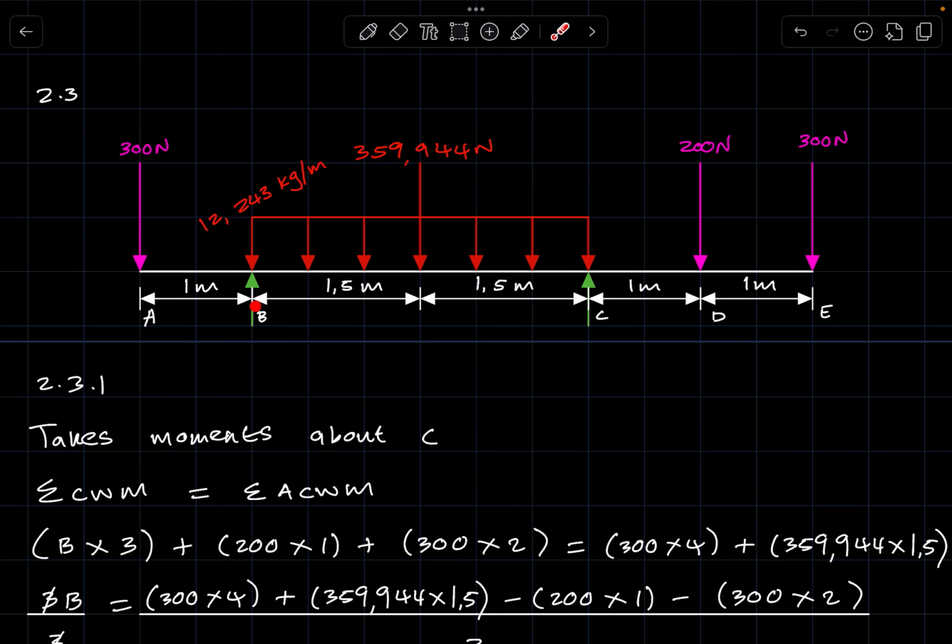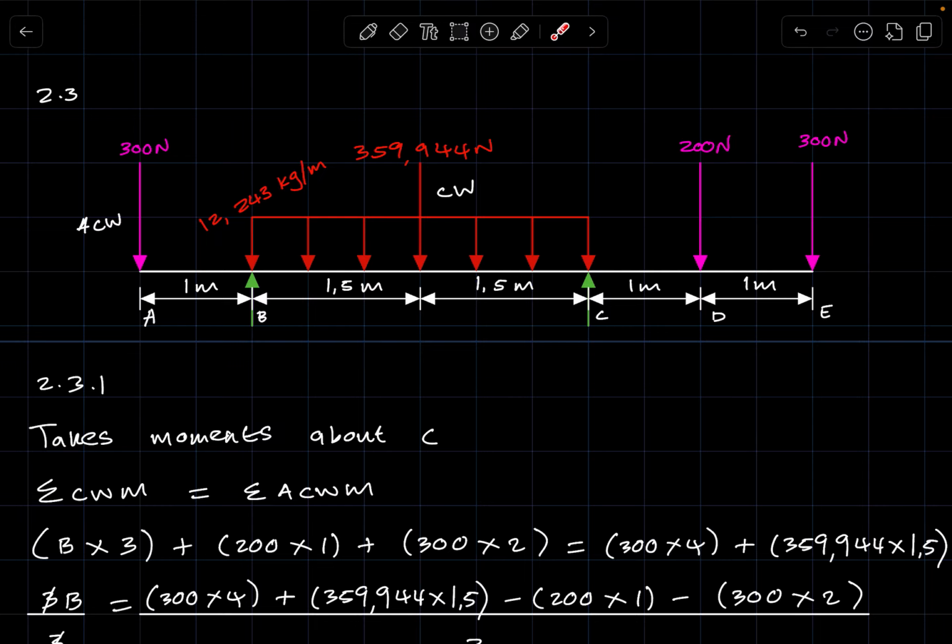Hence now we are going to look at the turning effects that each of these loads has towards B. Right, looking at the 300 Newton force, this one has this turning effect towards B, that's anti-clockwise. You look at this weight component, it is having a clockwise turning effect. This one also has a clockwise turning effect.